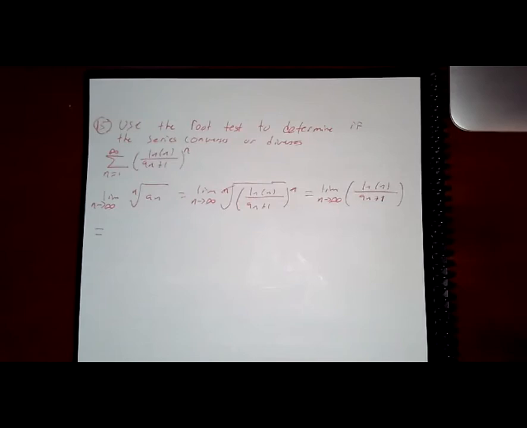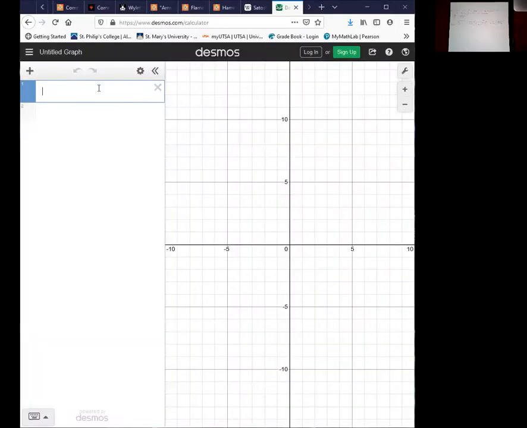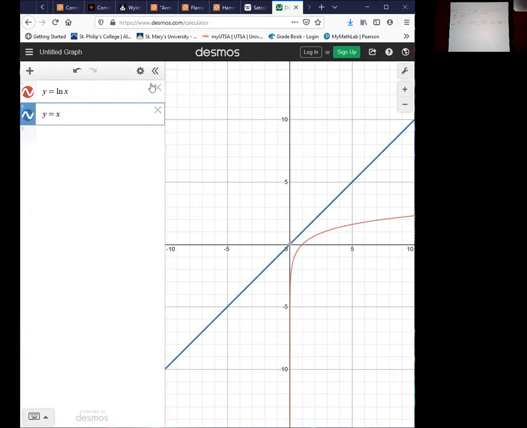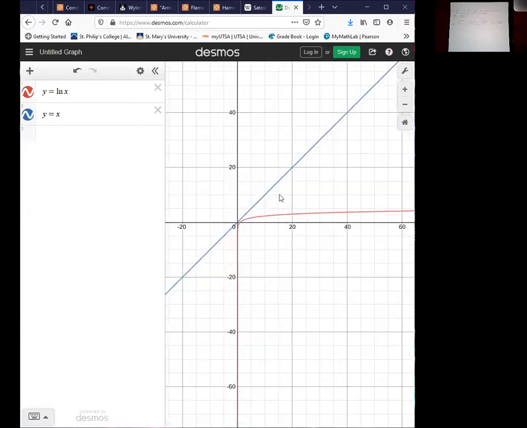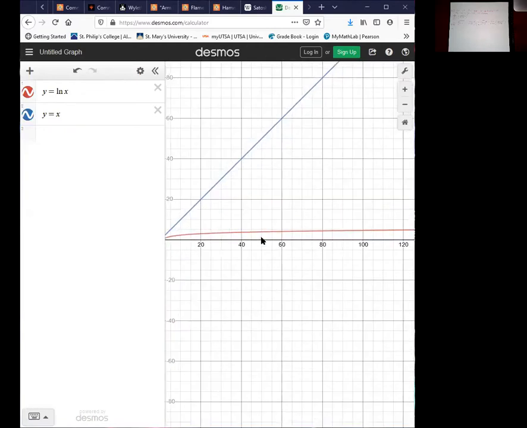Let's look at it. We can graph it. y equals x, right? ln is pretty slow, right?